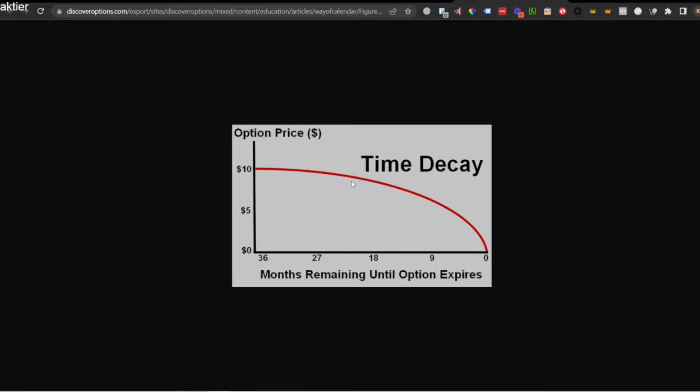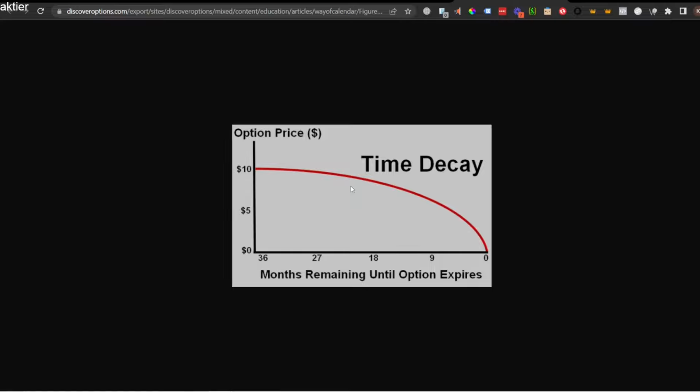That means an option that you have bought could actually lose its value even when it goes beyond the strike price, because a lot of time has passed. And this is how you get the advantage of time when you sell an option.